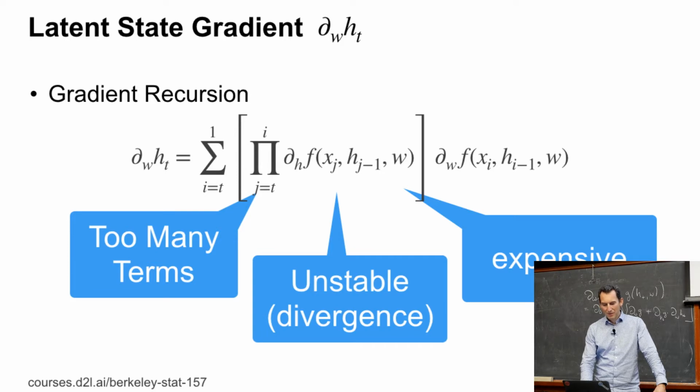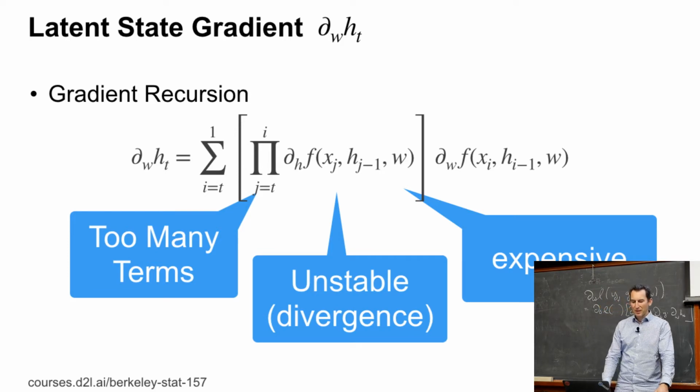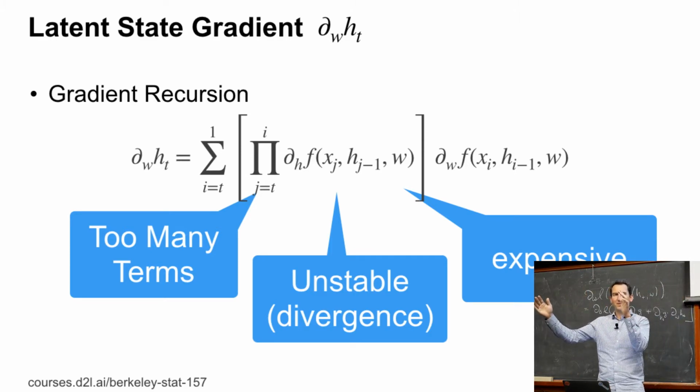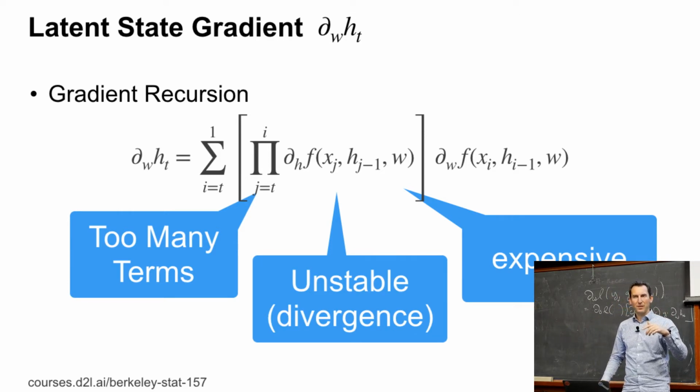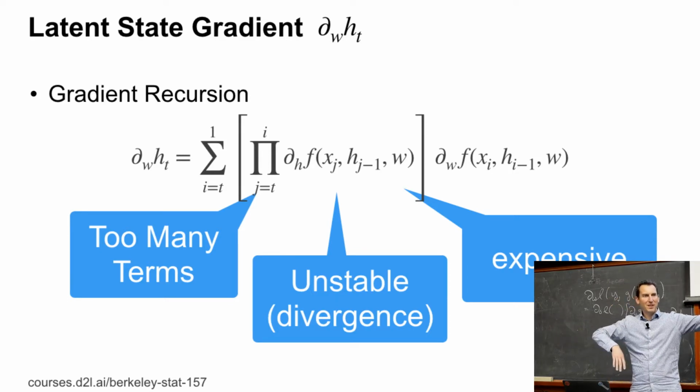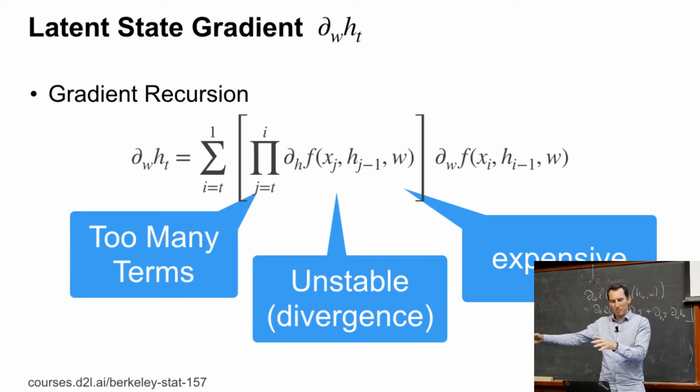And so here's really the issue of what happens. If you look at this gradient, you have a lot of terms, so this is expensive to compute. The other thing is you basically end up taking products of matrices, those gradient matrices, dh of f. And the problem is that if I multiply a lot of those matrices together, then if I get unlucky, some of the eigenvalues will blow up, or some of them may vanish, or maybe the entire product will vanish.